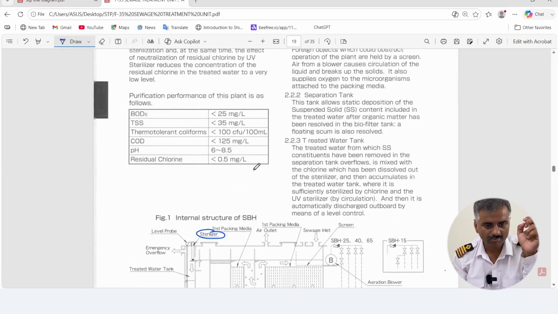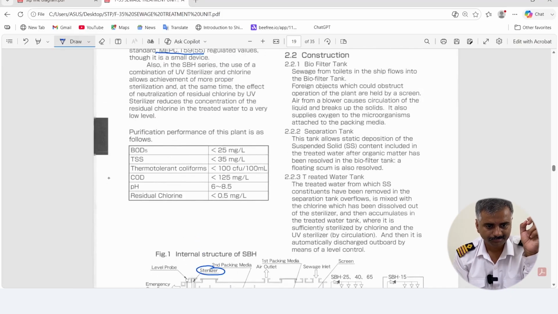So let us talk about what the performance standard is. You can see this is the purification performance standard of the sewage treatment plant. Let me discuss this one in detail. I had discussed it before also, but let me clarify it once more.